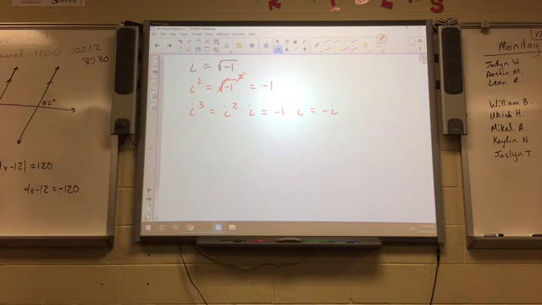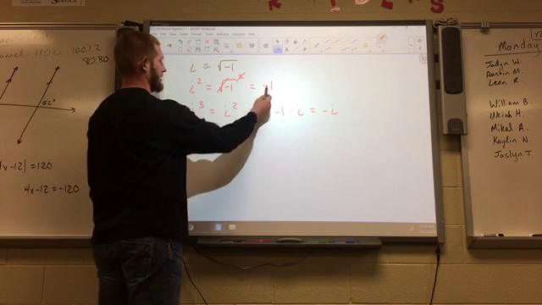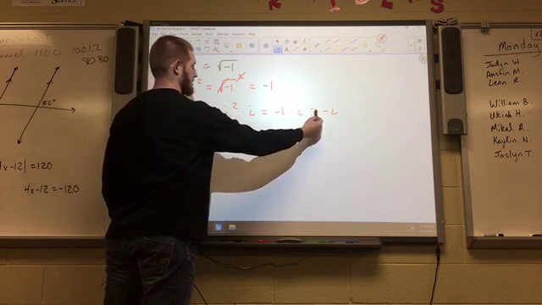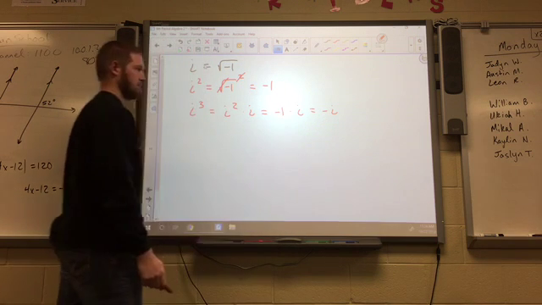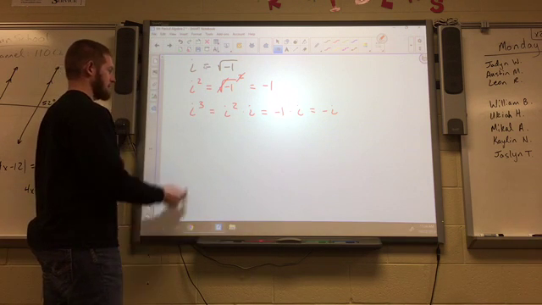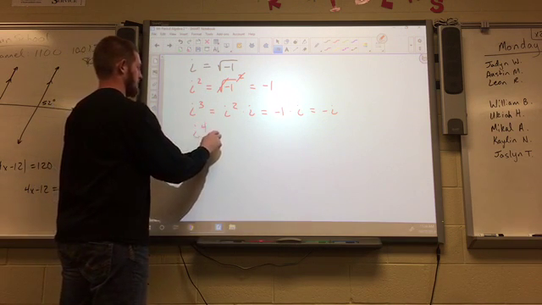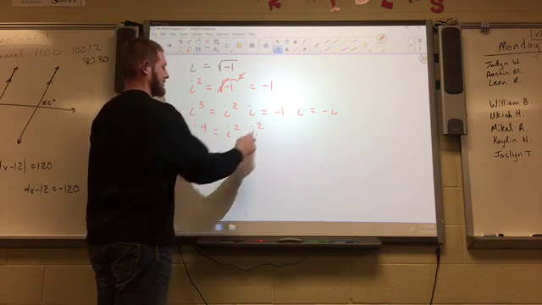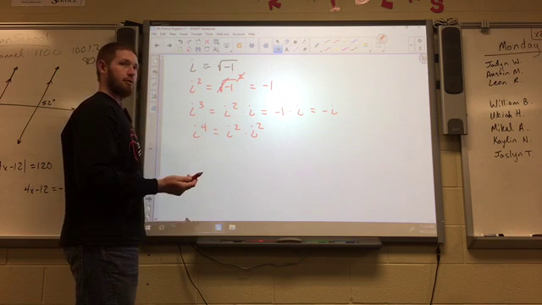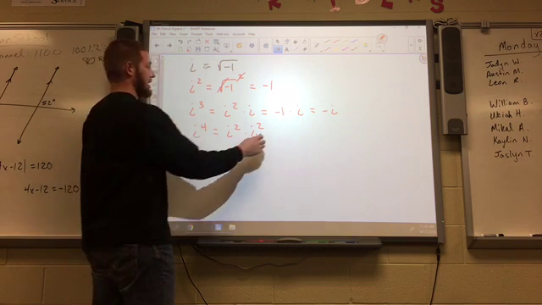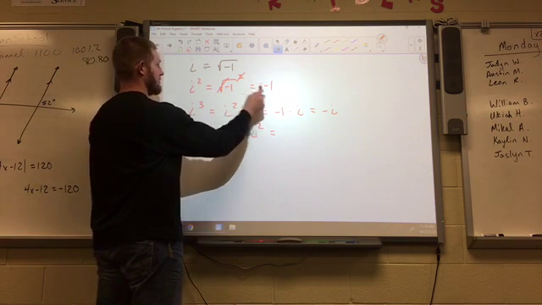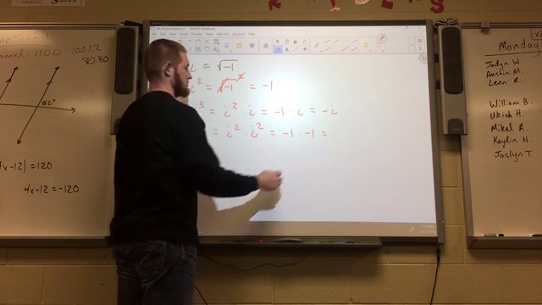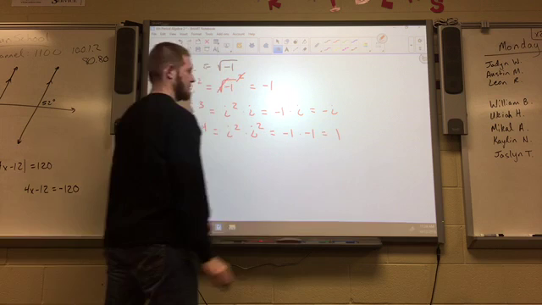Then I can do i to the 4th, which is i squared times i squared. i squared is -1, so it'd be -1 times -1, which equals 1.